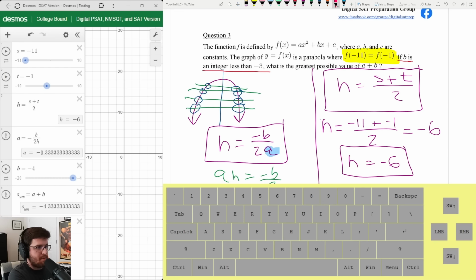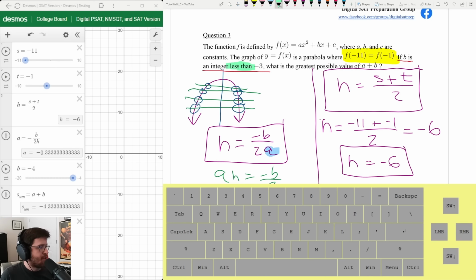Okay, everybody, really important before we start going over this: less than means that you can't include -3. Less than or equal to you could, but less than you can't. So less than means it's got to be smaller than -3. You see on Desmos, on the left, all I did was type in what we came up with. So s, our root, it's not really a root, but similar, as we talked about, -11, and t equals -1.